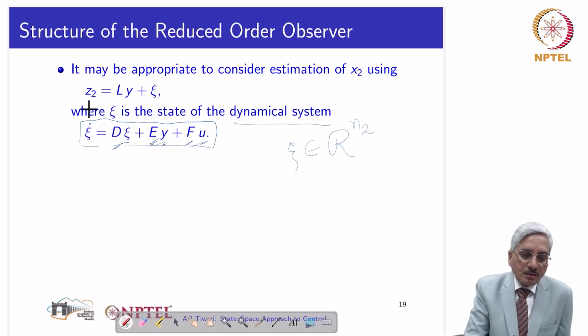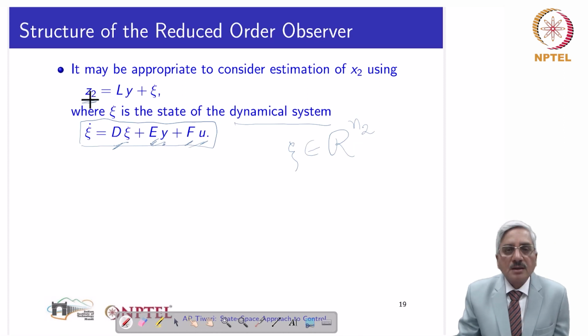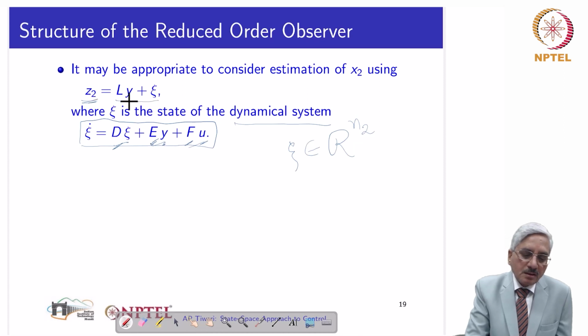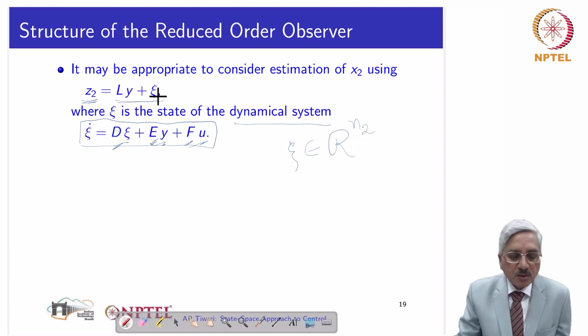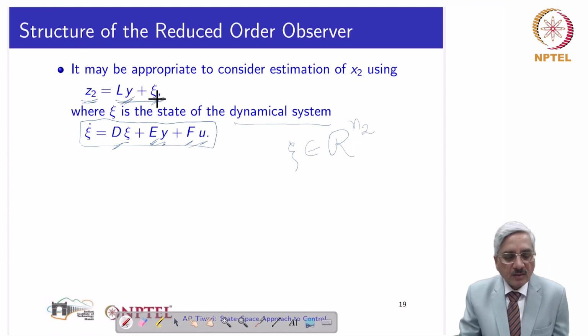And the estimated state vector Z2 is supposed to be composed of a weighted y through L and the xi. So Z2 is assumed to be Ly plus xi.